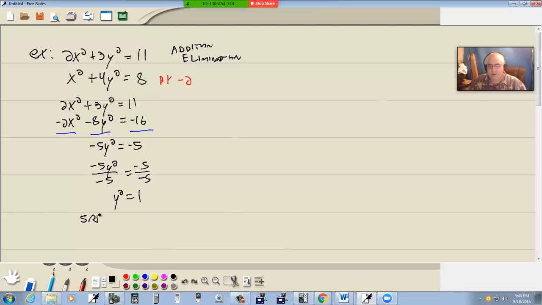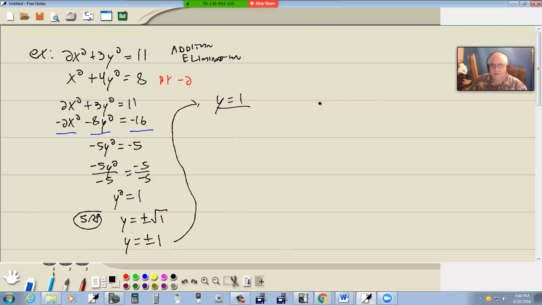Now the square root property says if you got something squared equal to something else, you drop your squared and you put a plus or minus square root around the other side. And square root of 1 is 1, so we got y is equal to plus or minus 1. So now I'm going to take my two values and plug back into one of my equations.